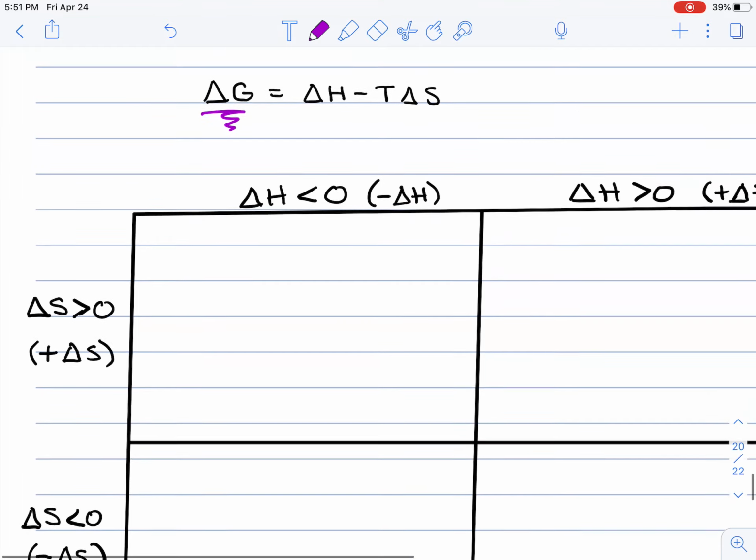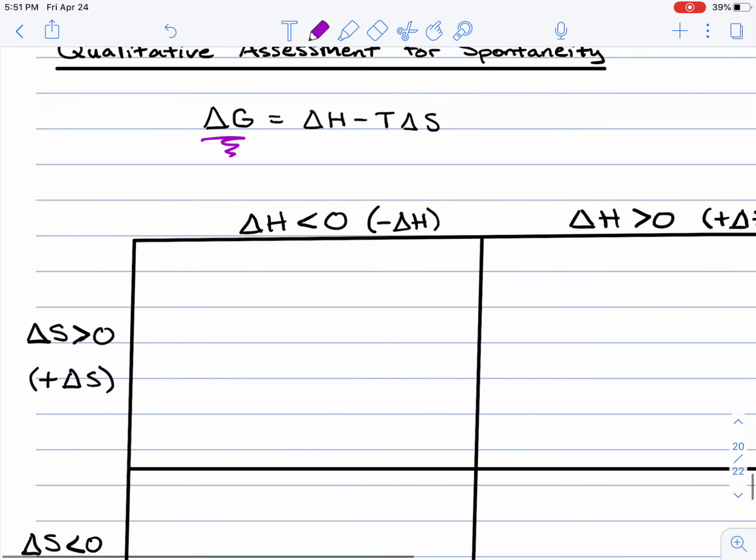We're going to look at this first box on the top left. I've created this 4 square, if you will. In the very top here, we have our first condition: delta H, or enthalpy, being negative.